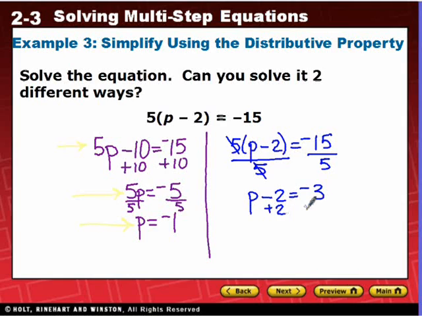Add 2 to each side, and I get p equals negative 1. Right? Same answer both times. Your choice whether you distribute or go ahead and divide both sides. Usually I decide based on whether the number on the outside here, this 5, divides nicely into this number.